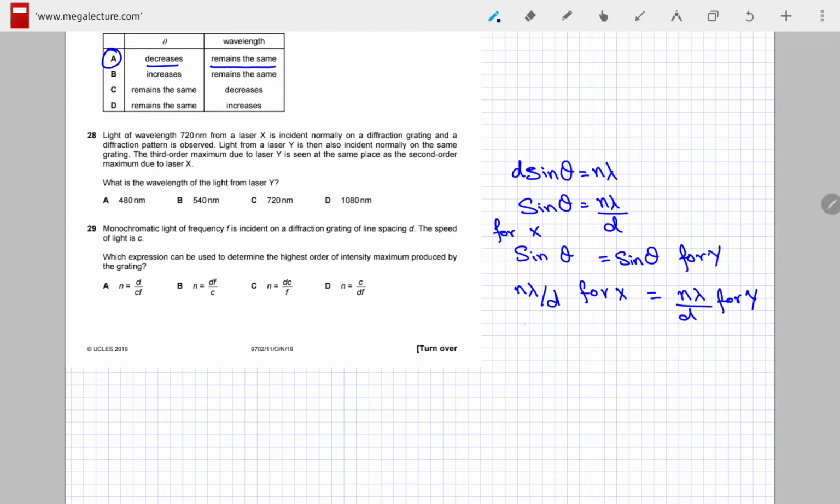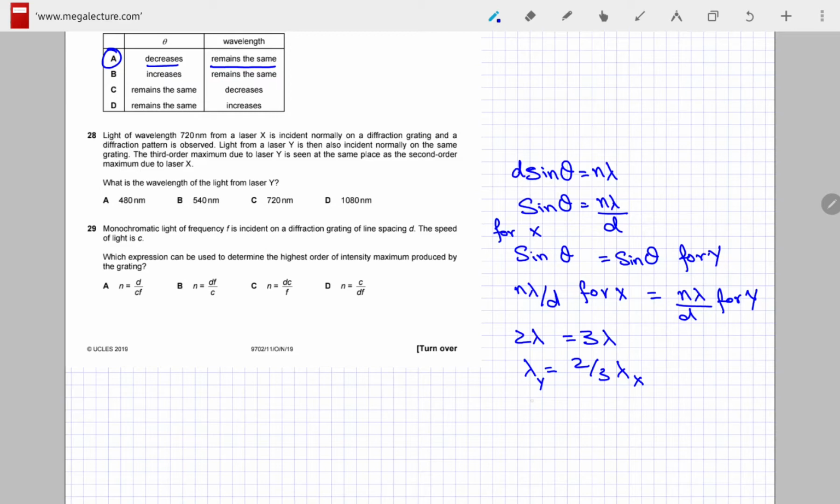So this means that we would have second order for X, so that is n equals 2, lambda is equal to third order for Y, which is n equals 3. So we'd have this expression over here, and so for Y we would have lambda is equal to 2 by 3 lambda for X, right? So let's give these subscripts like this.